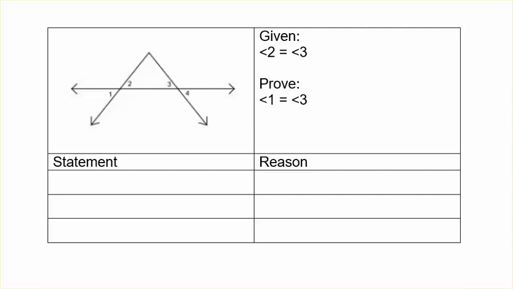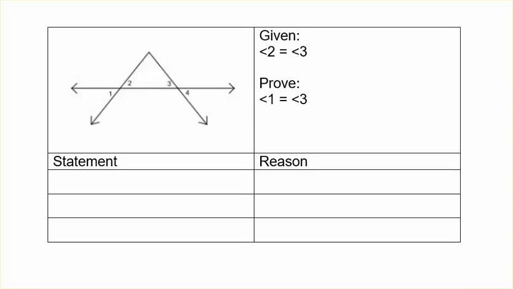We are given that angle 2 is equal to angle 3. Now, one other tip, you might want to draw this down on your own paper and then mark pieces that are equal. So we mark equal angles by putting a little curve in each angle. And what I want to prove is that angle 1 is equal to angle 3.